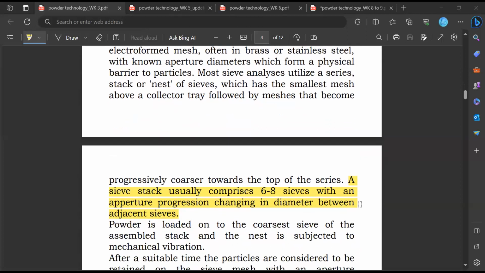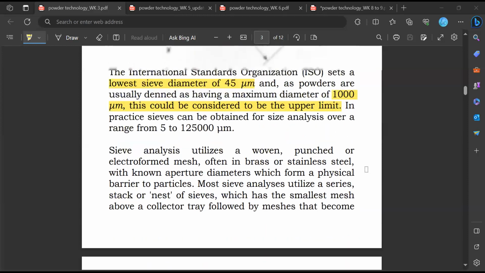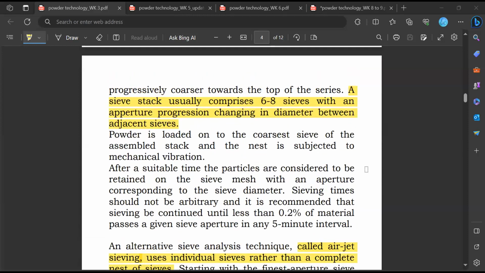In the process, the sieves are stacked, like 6 to 8 sieves, which have different mesh sizes. We had done a practical with Muniendo, where we saw that each sieve has the mesh number written on it.